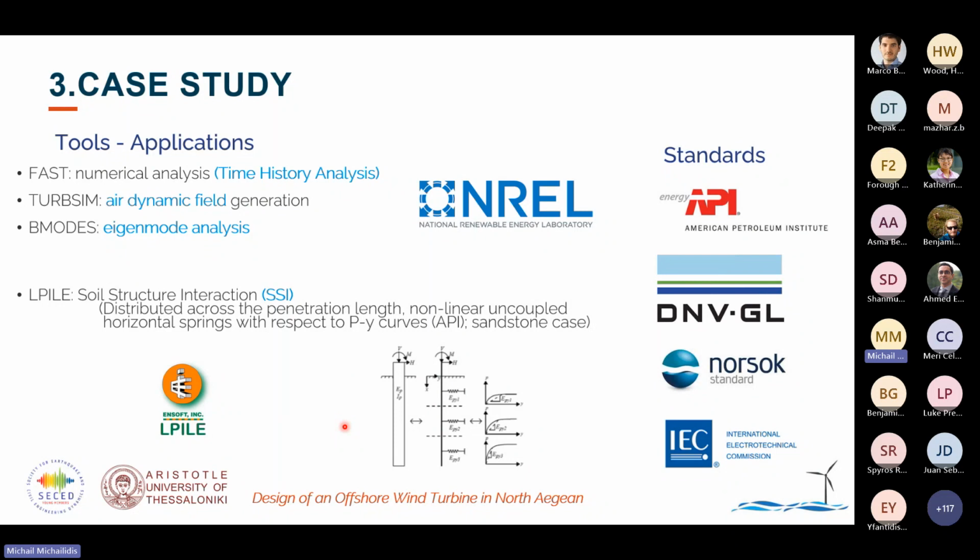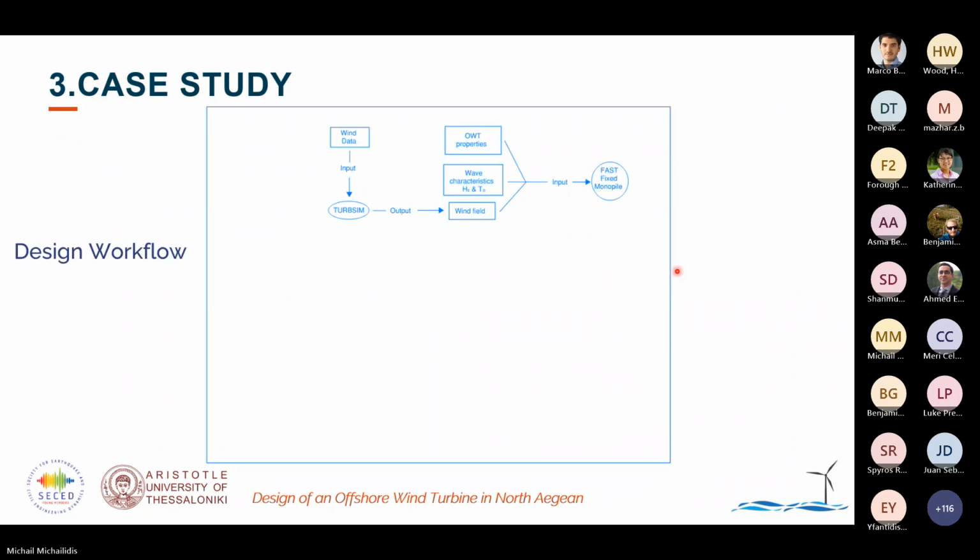For a sandstone case, for the current study, because of the site selection, position 6 east of island Limnos that I didn't refer in the map. And the standards that we're referring to are the API, DNV-GL, NORSOK, and IEC.